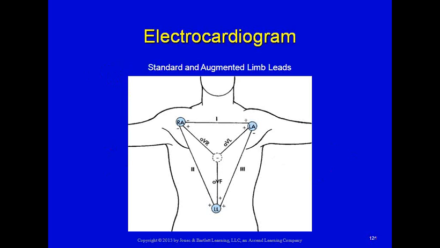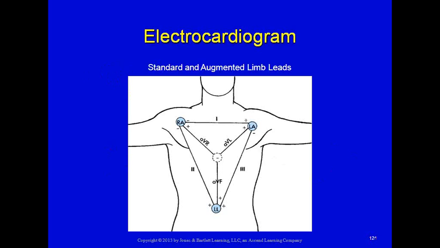And the augmented limb leads are called augmented limb leads because the electricity generated by that lead is so small that you wouldn't be able to see it unless it was augmented or boosted up.